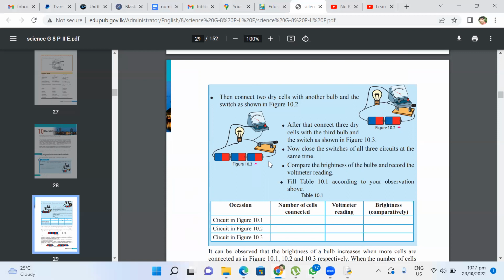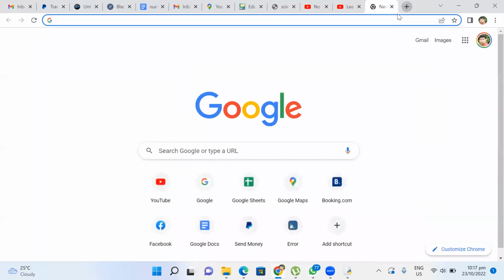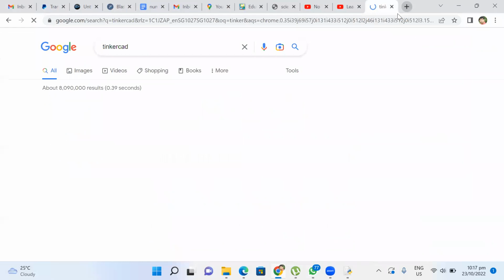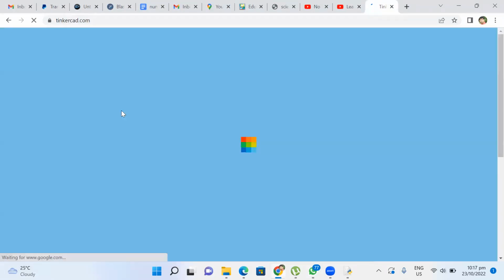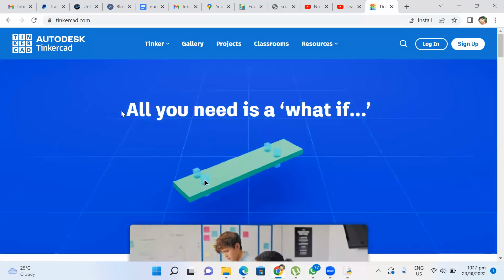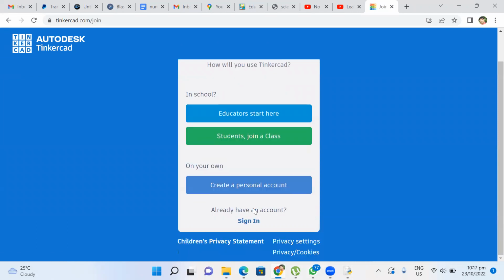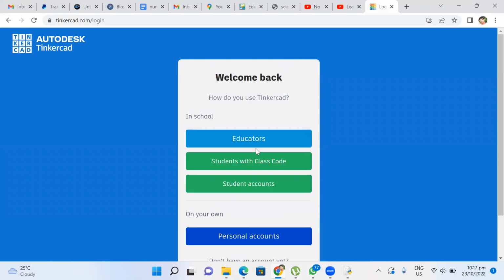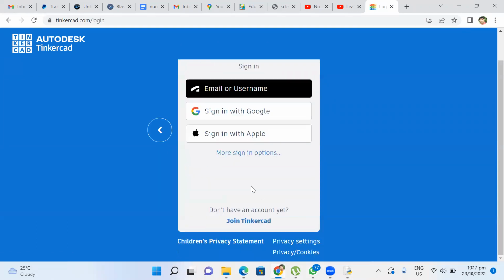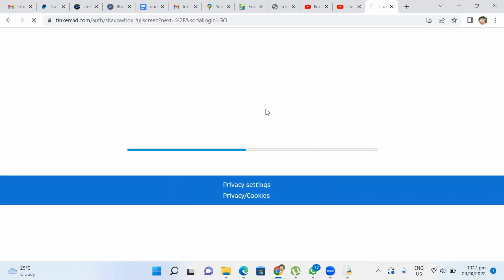Let's do this experiment quickly using Tinkercad. This is our virtual practical environment. Sign up first using my personal account with Google.